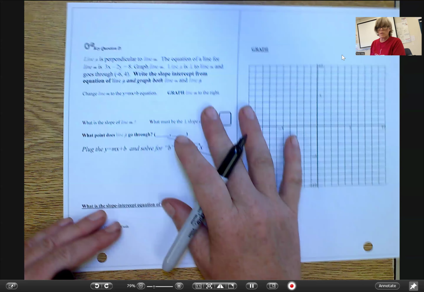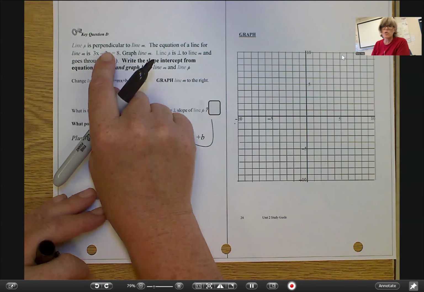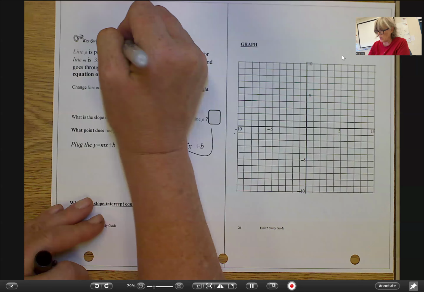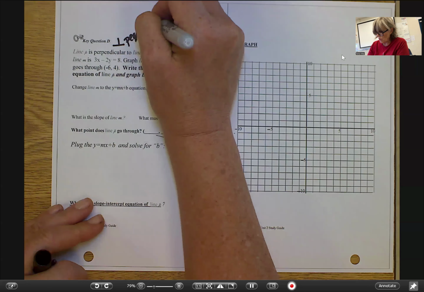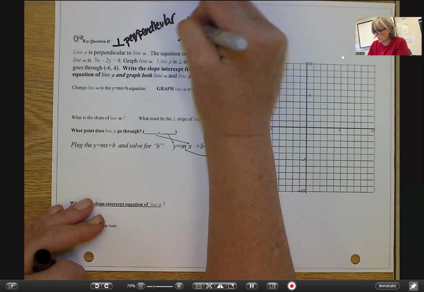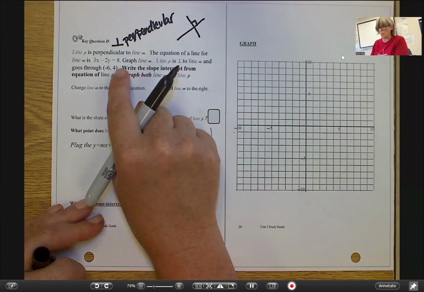Taking a look here. Line P is perpendicular to line D, perpendicular. That's the symbol for perpendicular. Perpendicular. That means these lines must cross at right angles. So line M and line P are perpendicular.